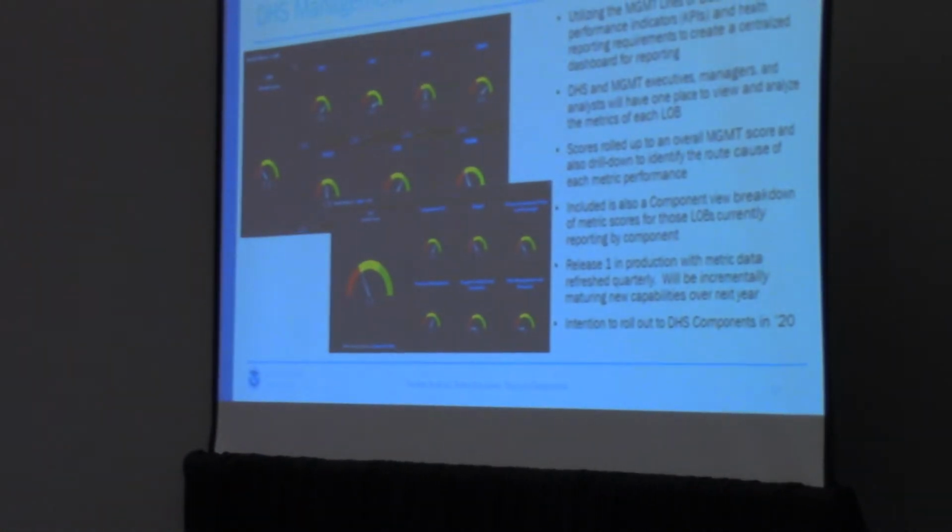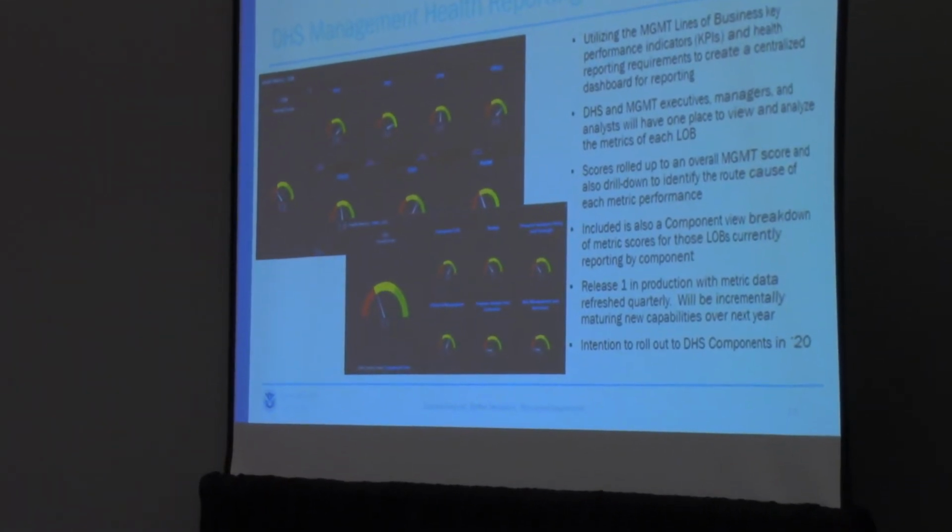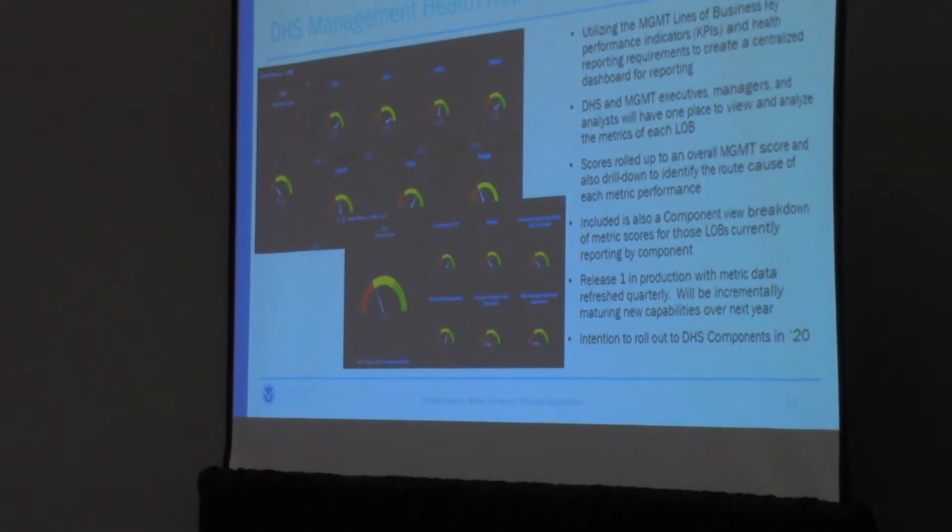Health metrics. Given some of the leadership turnover, this has actually been very strategically valuable to us. Each of the CXOs, each of the chief executive officers, identified their key performance indicators and how they manage the health of their specific domains. Through a single tool, we were able to migrate this.